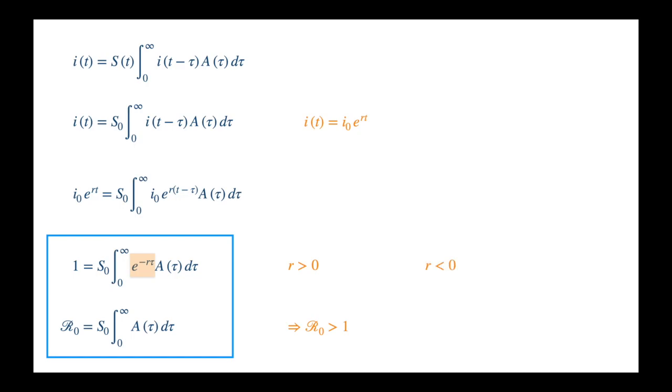And if R is less than 0, then we know R0 must be less than 1 because the exponential factor with positive exponent is needed to make the integral scale to 1. And obviously when R equals 0, R0 equals 1.